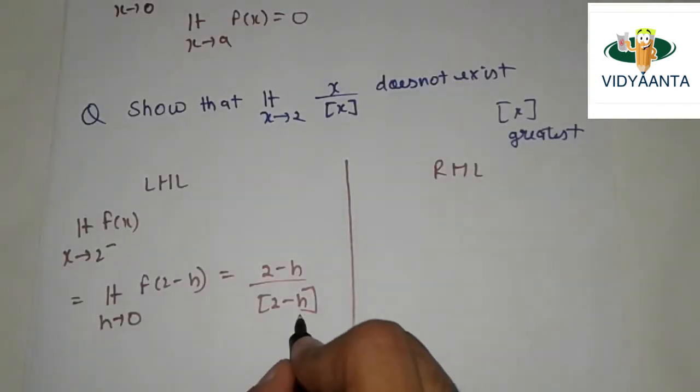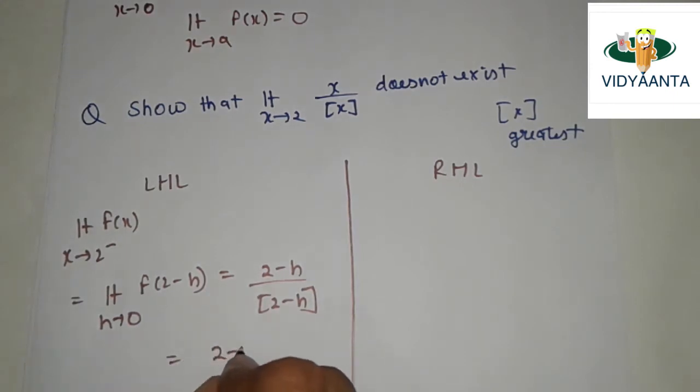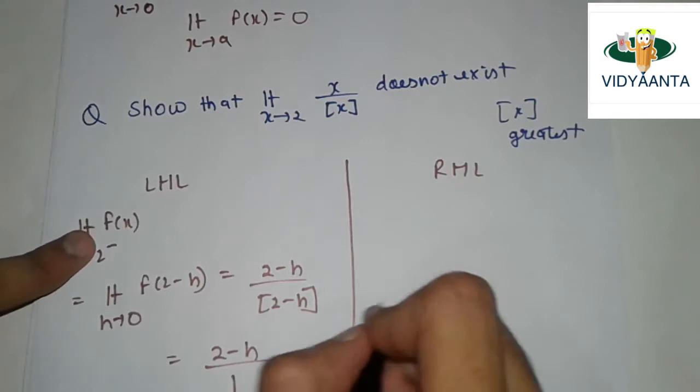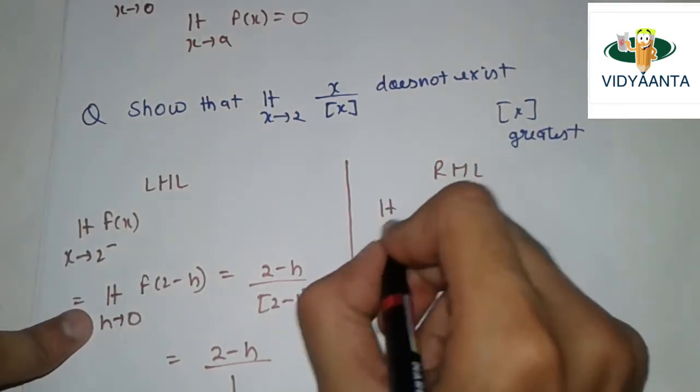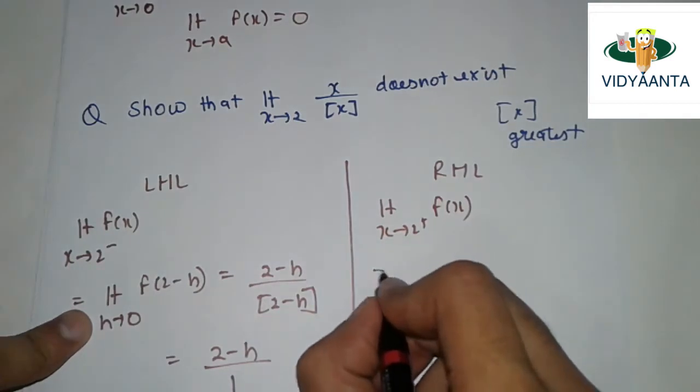In this case, this is the second case, so it would be 2 minus h over 1. So the limit as h tends to 0 is equal to 2.